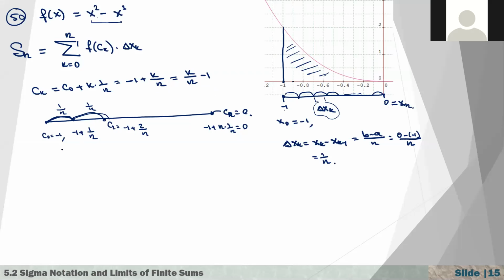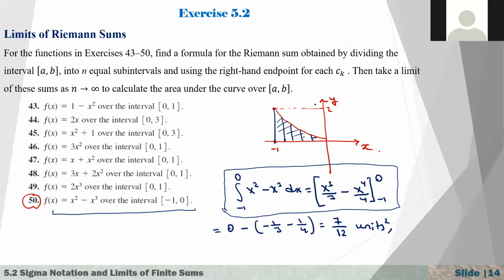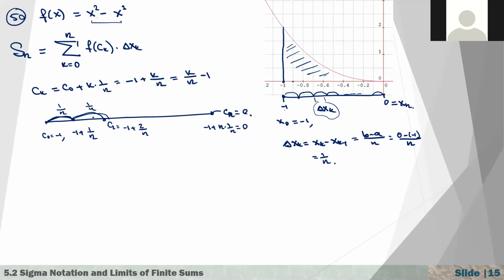Actually, taking the question, it says dividing the interval [a, b] into n equal subintervals and using the right-hand endpoint for c sub k, right? So I need to use this c sub k. So instead of k from 0 to n, k changes just from 1 to n.